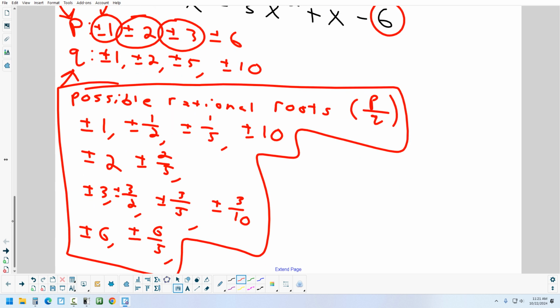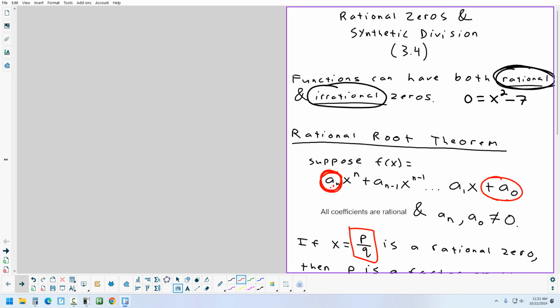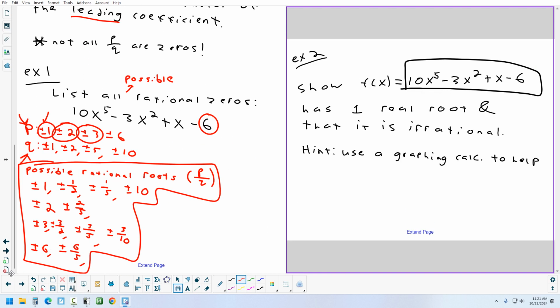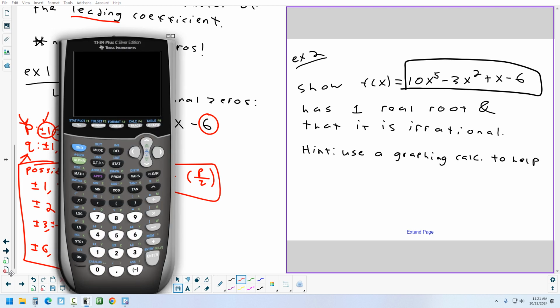All right, any question on that? Now, let me keep that up. Let's graph the problem we just did, and let's show that it crosses the x-axis one time. So let's look at the picture.